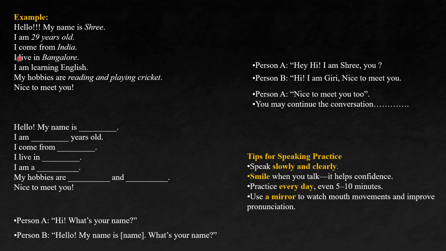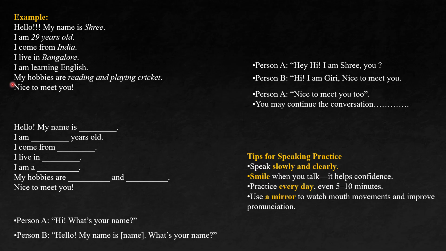I'm learning English. My hobbies are reading and playing cricket. That's all about me. Thank you. Nice to meet you. Right? So like that, you try to complete the sentence. Start with the high pitch, then end with the low pitch. Very important: wherever you stop your sentence matters a lot.